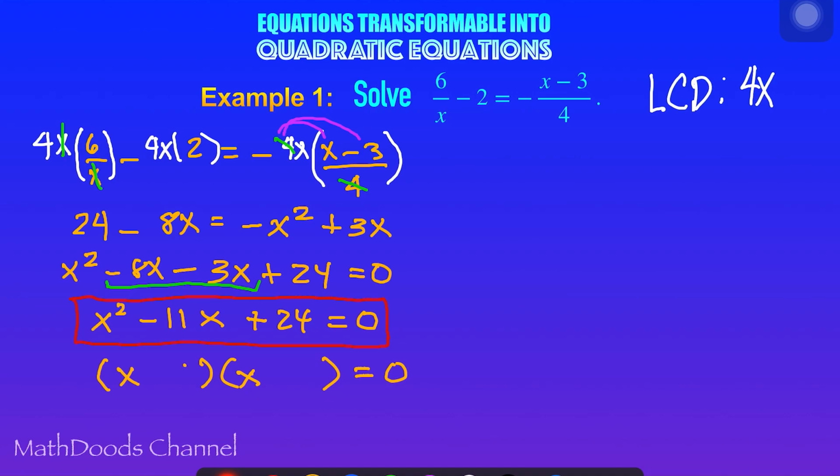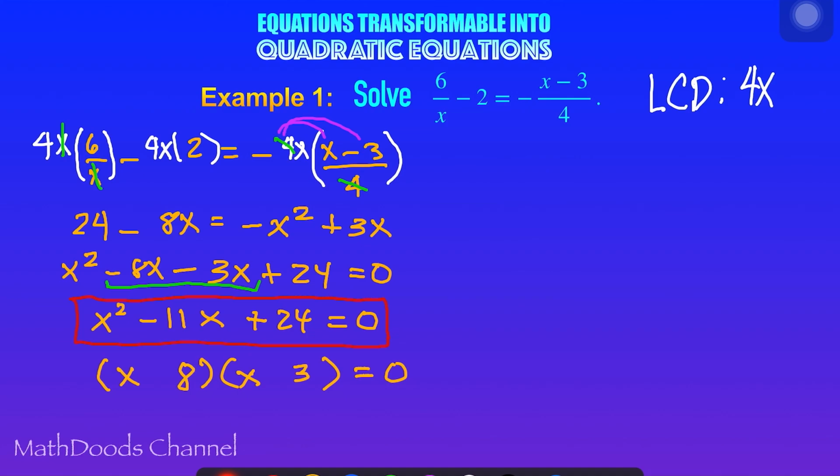So, ang gagamitin natin dyan ay 8 and 3. Kasi 8 plus 3 is 11 eh. Pag 6 plus 4, 10 lang. Pag 12 plus 1, 13. 12 times 2 pala, 14. Tapos, 24 plus 1, 25. So, 8 and 3. Kasi pag inadd sila, 11.